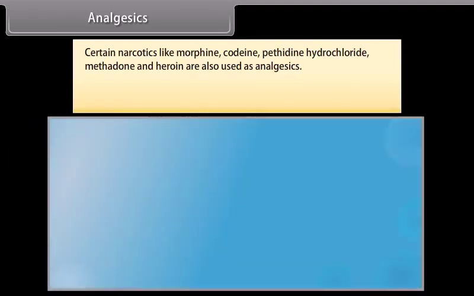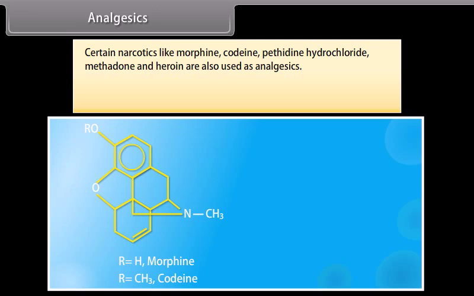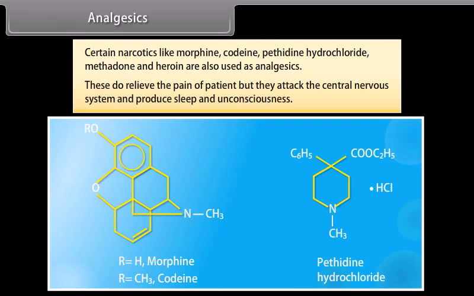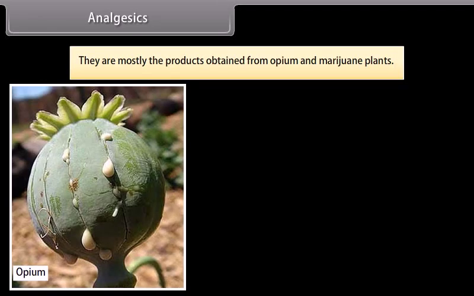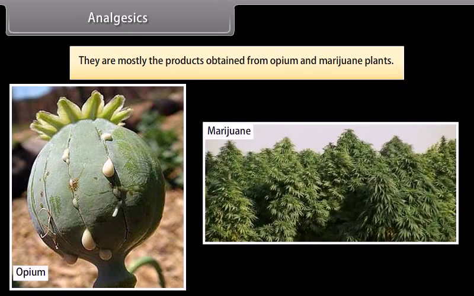Certain narcotics like morphine, codeine, pethidine hydrochloride, methadone, and heroin are also used as analgesics. These do relieve the pain of patient, but they attack the central nervous system and produce sleep and unconsciousness. They are mostly the products obtained from opium and marijuana plants.